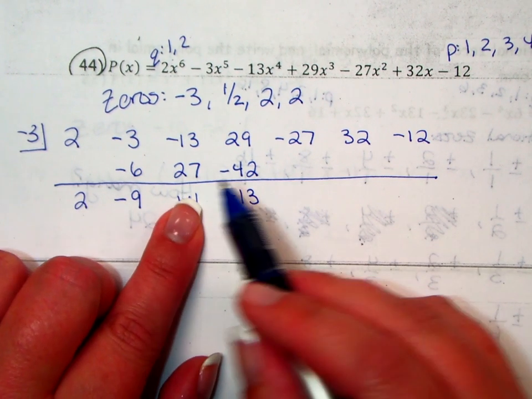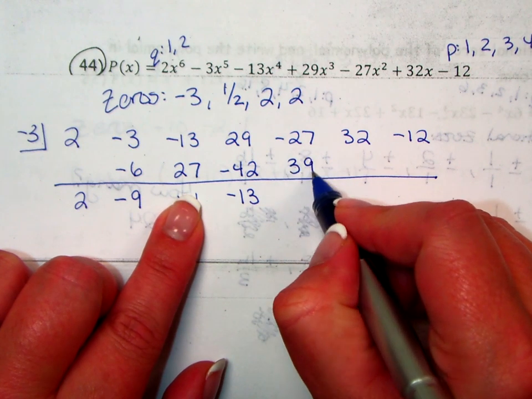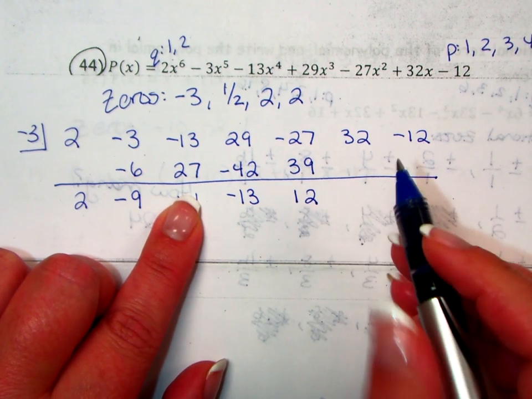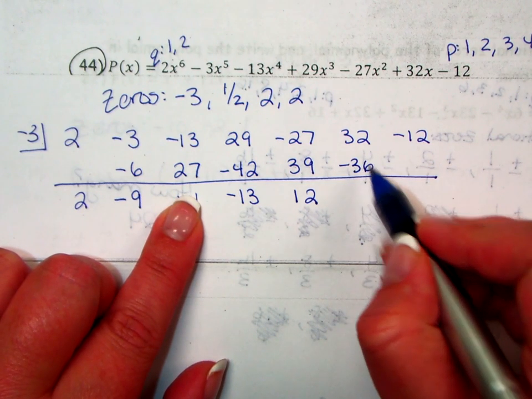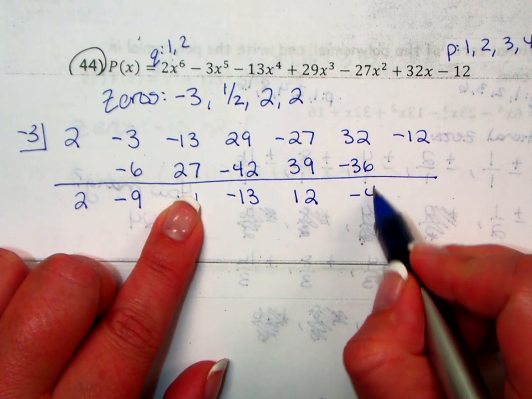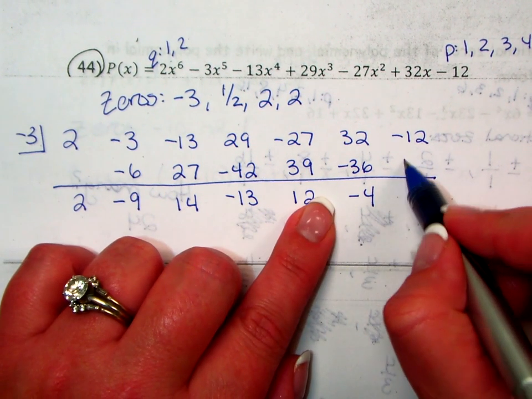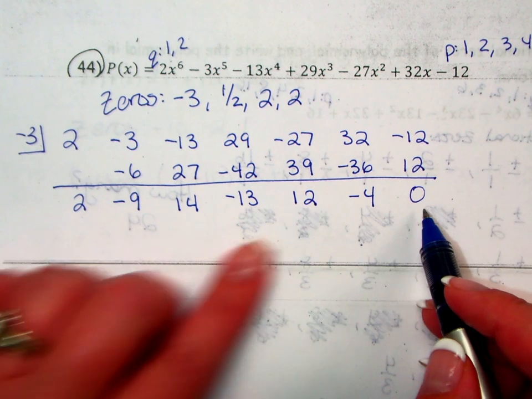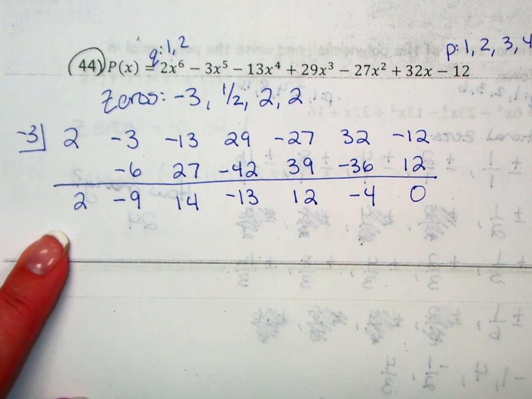All right. Multiply -3 times -13. Add down. Multiply -3 times 12. Add down. Multiply -3 times -4. Put in the next adjacent spot and add down. Whew. Okay, you should get 0 remainder. If you don't get 0 remainder, you did it wrong.